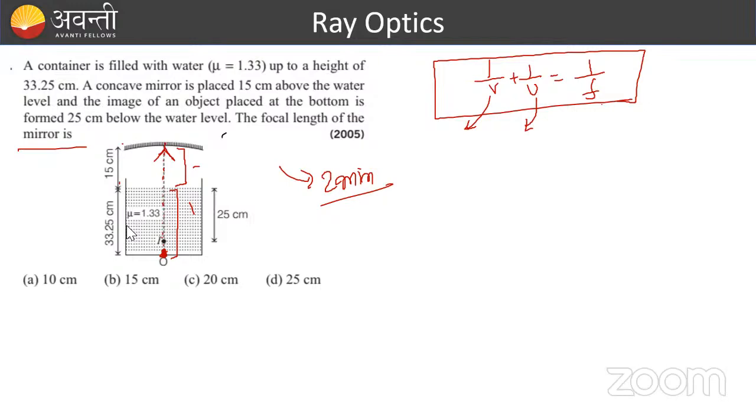So what will be the object distance? Anyone let me know the answer. You should solve it actually. We have done a lot of questions on this. So now let me know what object distance you're going to write here. Quickly tell me.